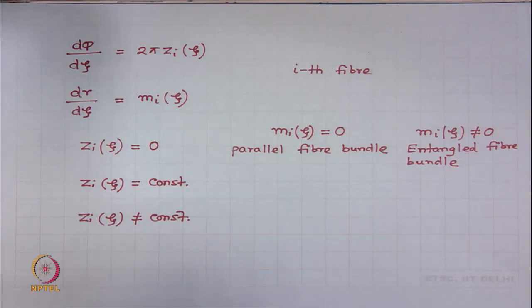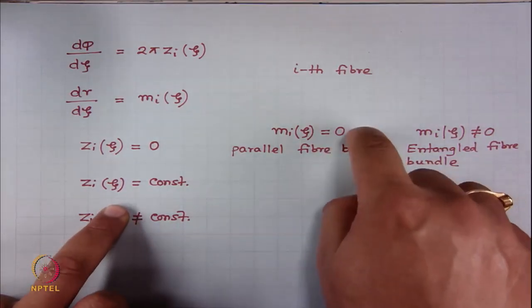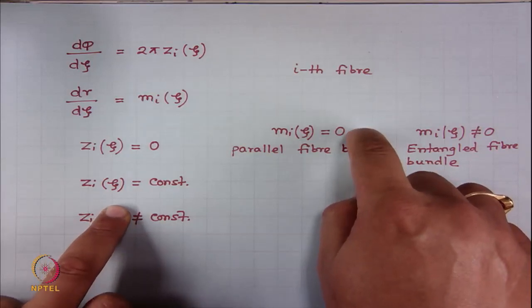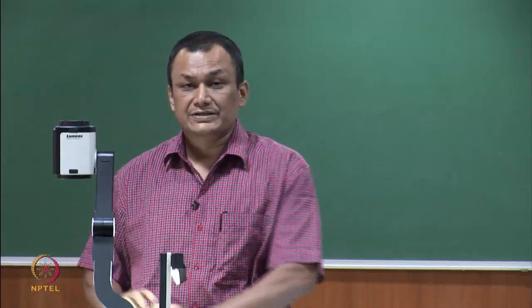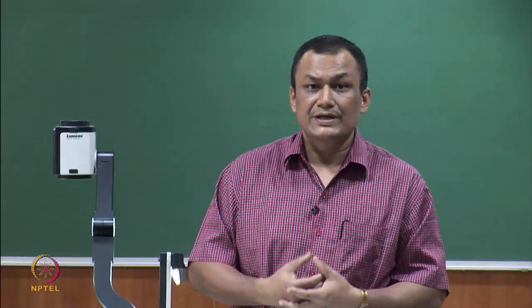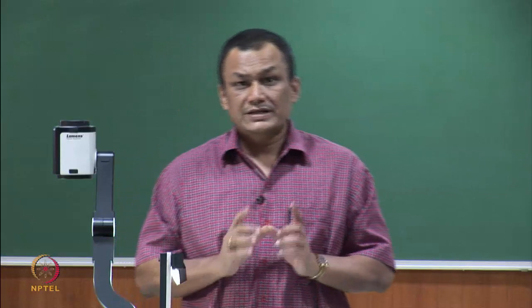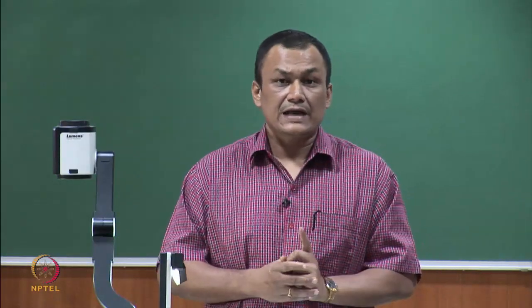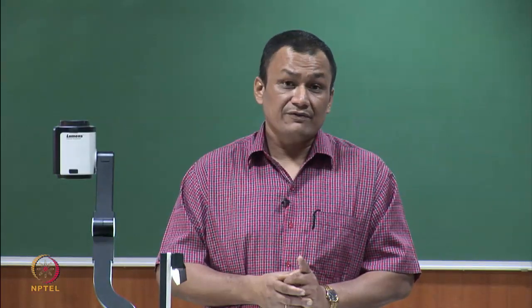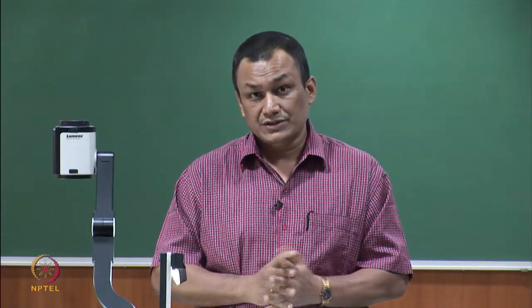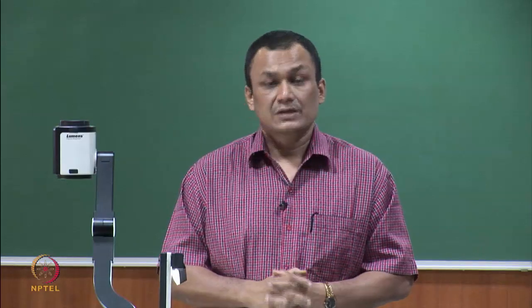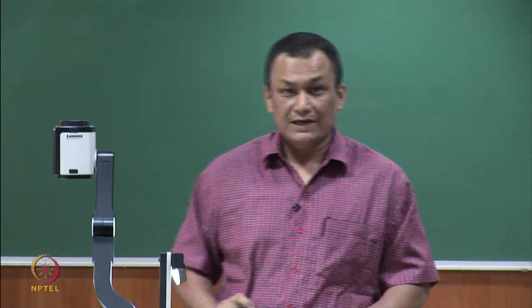Now, we come to these two situations, Z i constant and M i 0. What is the meaning of this? There is a twist and a constant amount of twist is given. However, there is no radial movement of fibers. That means we talk about the helical fiber model.